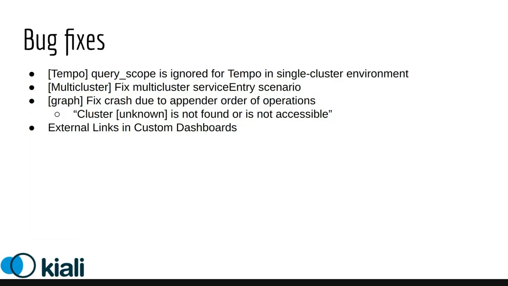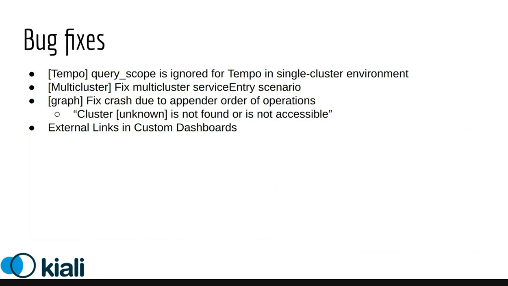We also have a fix for a multi-cluster service entry scenario. In this particular issue, we are ensuring that when a service node is shared by nodes that are in different clusters, each one can get its own service entry nodes using the cluster-specific definition.